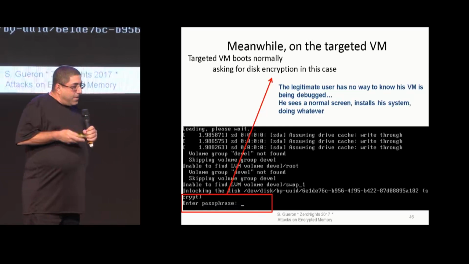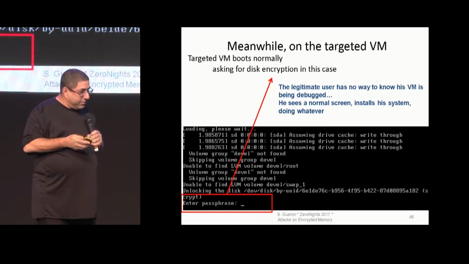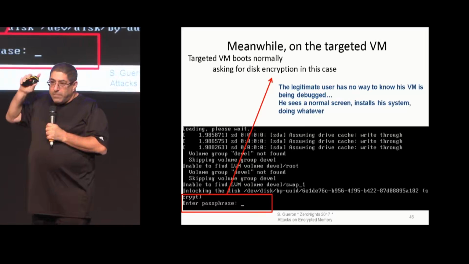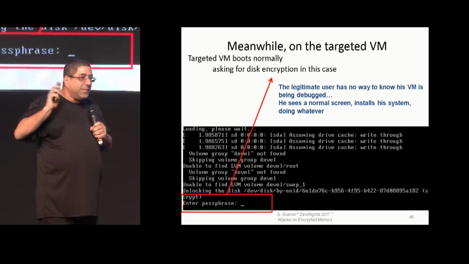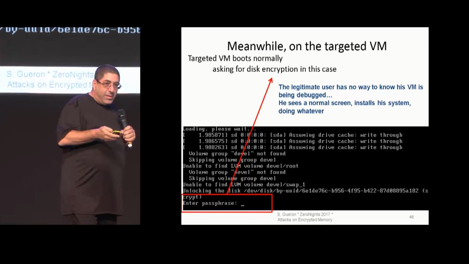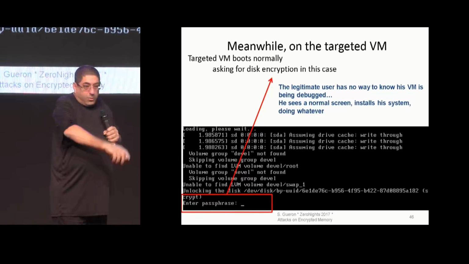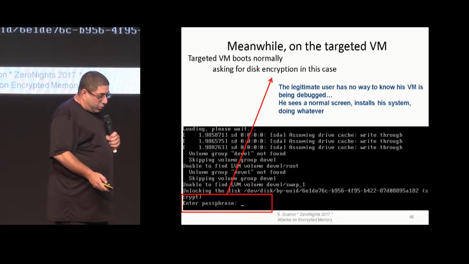So it exists. Okay, you can invoke this program, enter your passphrase. So now the legitimate user looks at his own screen. He doesn't see anything. He is completely oblivious to the fact that he is being debugged and this login is stopped and continued. So he continues working as usual.